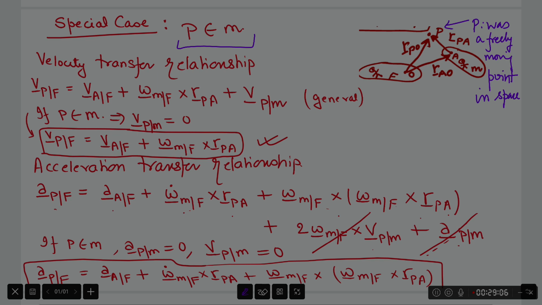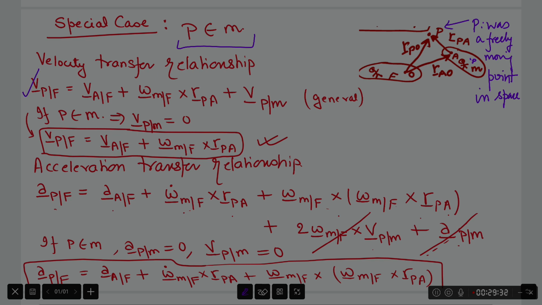So of course it will not look like this, but maybe I should draw P here, something like this. So the diagram can be adapted. But the adaptation of the diagram is not the main focus of this slide. I want to look at the expressions themselves and see what terms can be dropped from these two relationships.